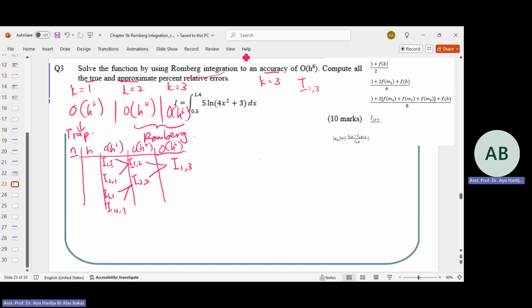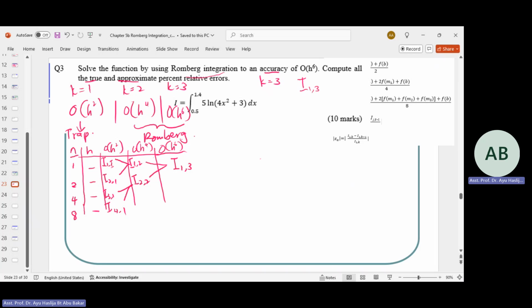From here, you need 4 values of h. Then the n involved, we double up the n. 1, 2, 4, 8. Double up the n. The n is fixed like this, 1, 2, 4, 8.